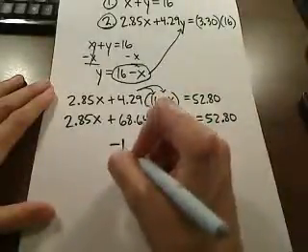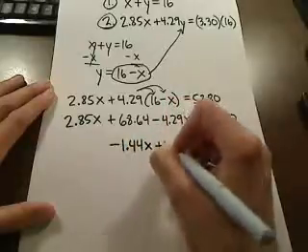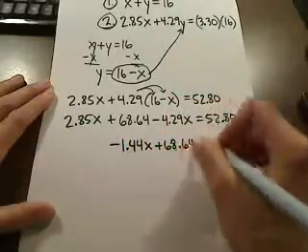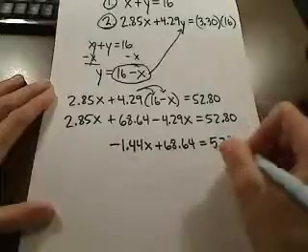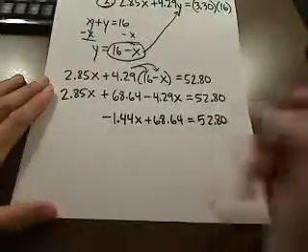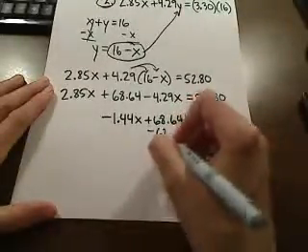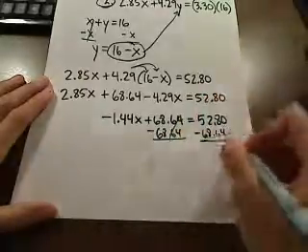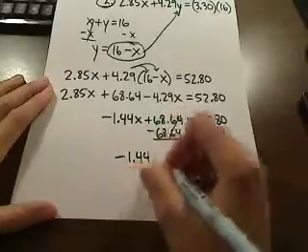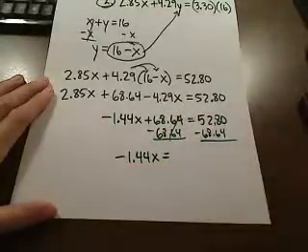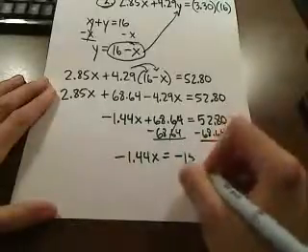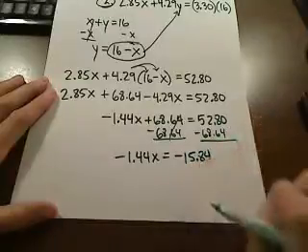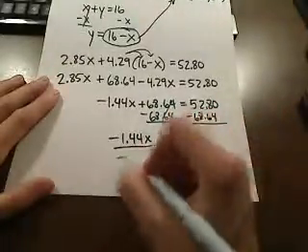So we'll get negative 1.44x plus the 68.64. Let's go ahead and take the 68.64 over. So we get negative 1.44x equal to 68.64 minus 52.8, which is negative 15.84. And let's go ahead and divide.